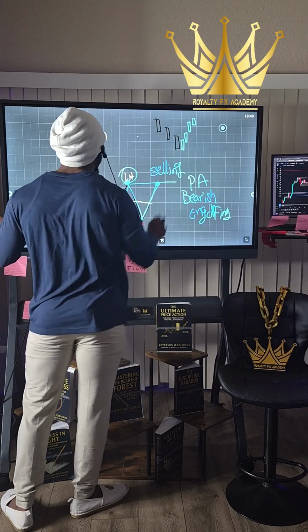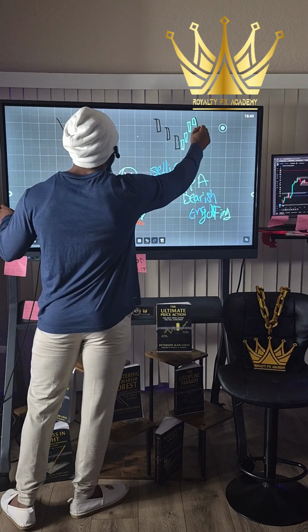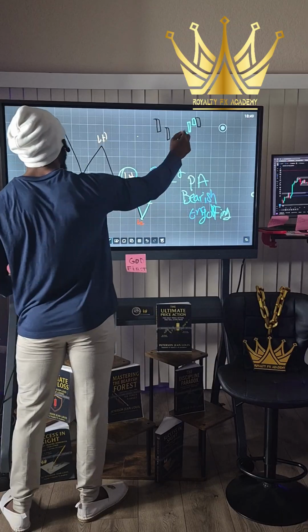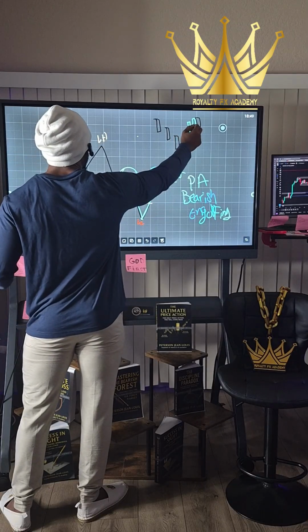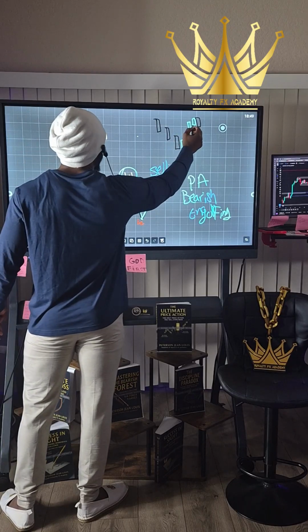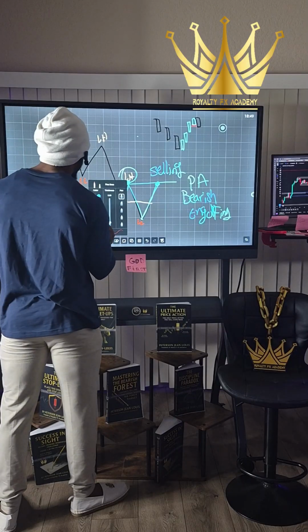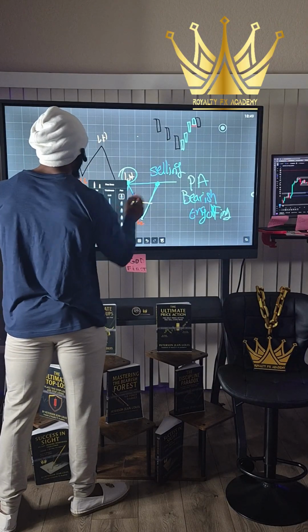Okay. Here. Okay. Notice how this candle right here closed below the previous one. So it closed below this right here. So your entry point would be exactly right here.